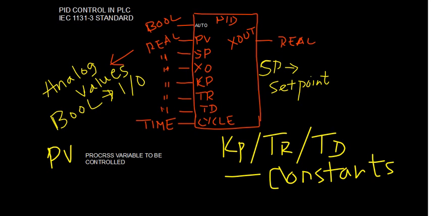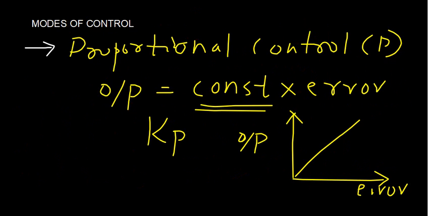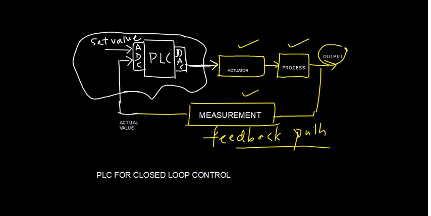So this is how you will have the PID controller in your PLC. Depending upon your requirement, some of the constants, your derivative or your integral, you can either include or exclude.